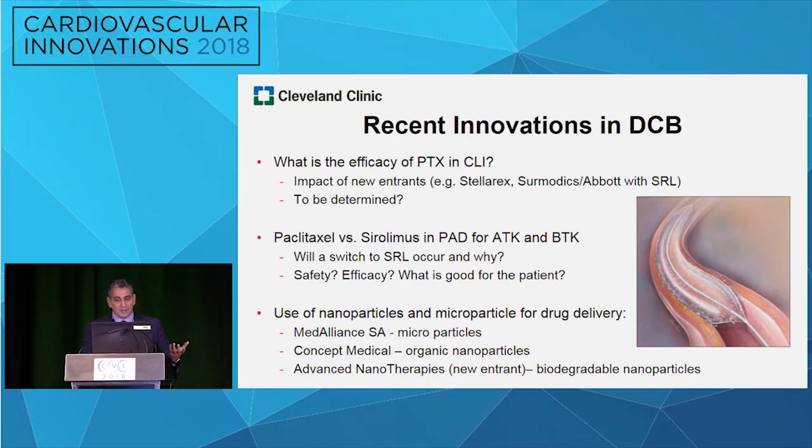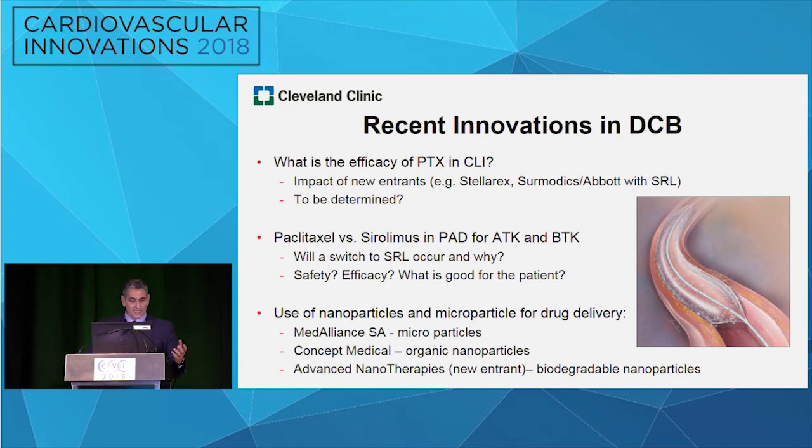My biggest topic to address and discuss is really drug-coated balloons. There's a lot of discussion about the efficacy of paclitaxel in CLI. We don't know that yet. There's a lot of good research, on both the clinical and technical sides. With the impact of new entrants, Stellarex, and Reflow Medical with sirolimus, we don't know how that will change efficacy in CLI.